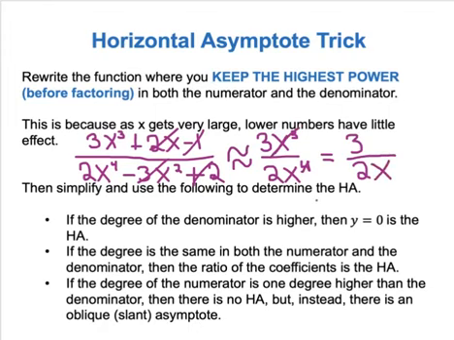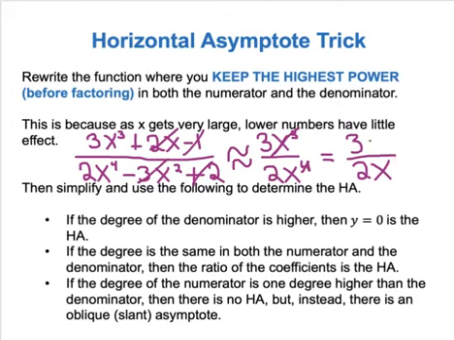And then it says we use the following to determine the horizontal asymptote. Well, we have 3 different scenarios here. The first one is if the degree of the denominator is higher, then y equals 0 is the horizontal asymptote. So if we look at our approximation of the rational function, on the bottom we have a first degree, x to the 1.